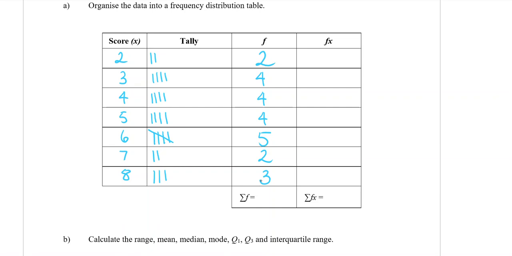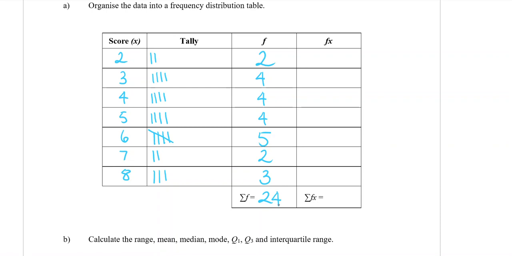This one down the bottom says to sum the F. That's what that symbol means. It means to sum. So you get your calculators out and you add all of these numbers together to sum the F column. Very good, 24.